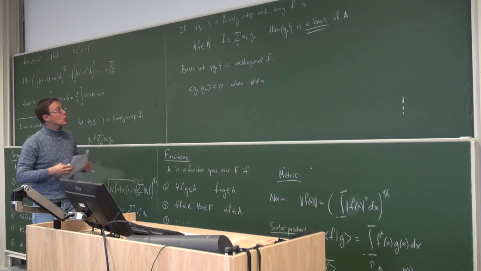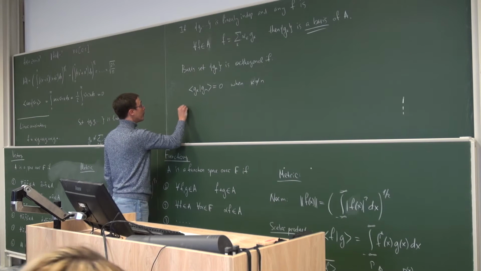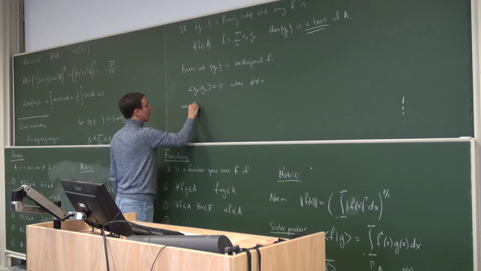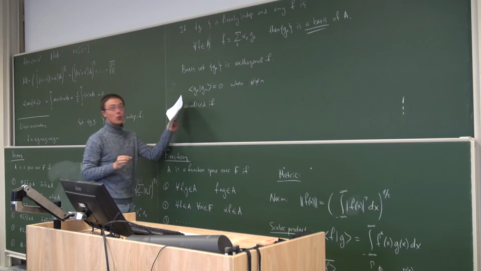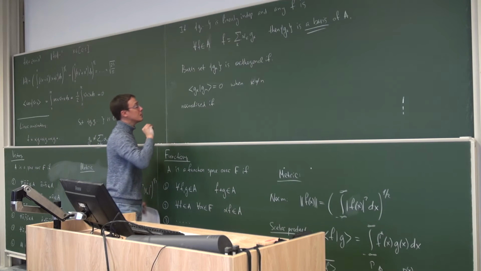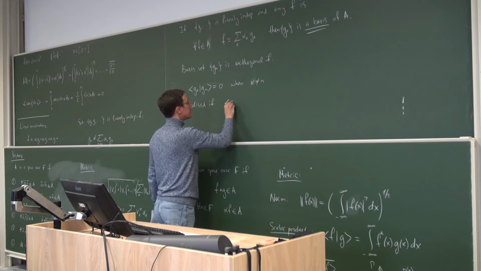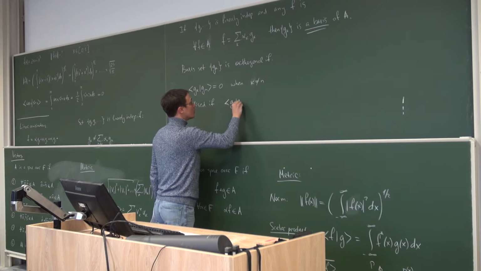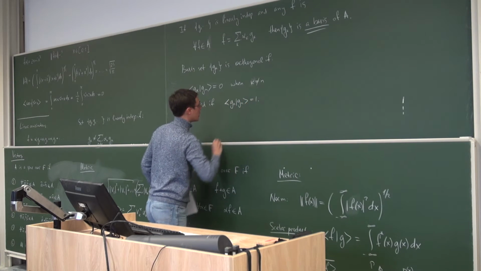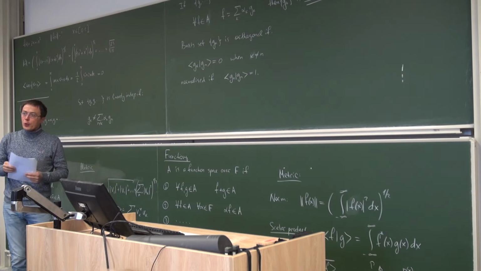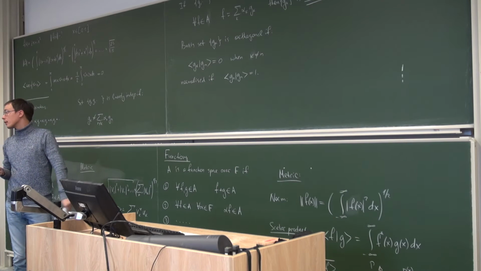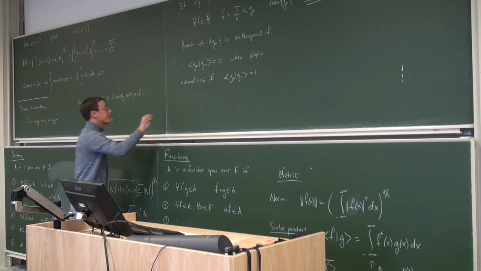Furthermore, the basis is called normalized if the norm of each function there is equal to 1. The norm of Gn is 1. And the basis is called orthonormal if it's both orthogonal and normalized.